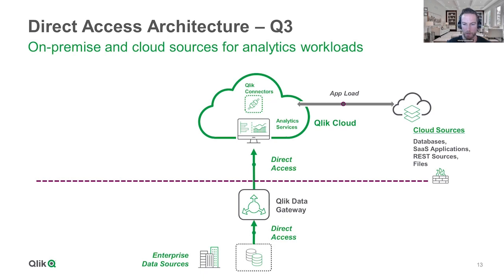So if users now open a Qlik Sense app and try to create a data connector, they will have access to your local data in Qlik Cloud. So during an app reload, the data will be loaded from your on-premise database into Qlik Cloud. And of course, you can combine data from multiple sources in Qlik Sense. So you can also load data from other cloud sources and combine that with your local data in the Qlik Sense app.